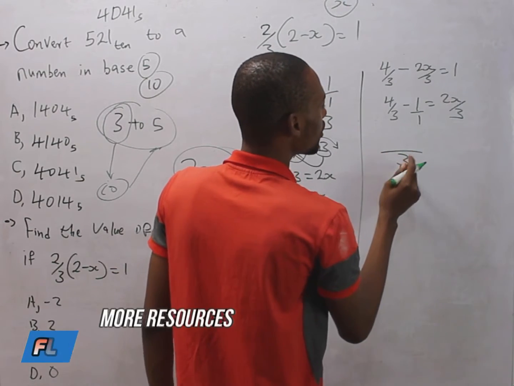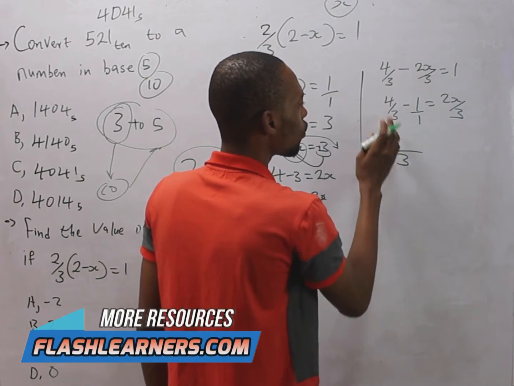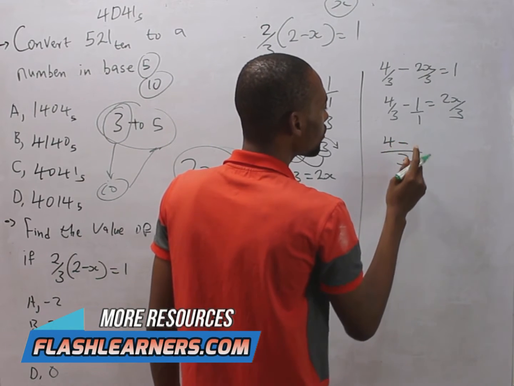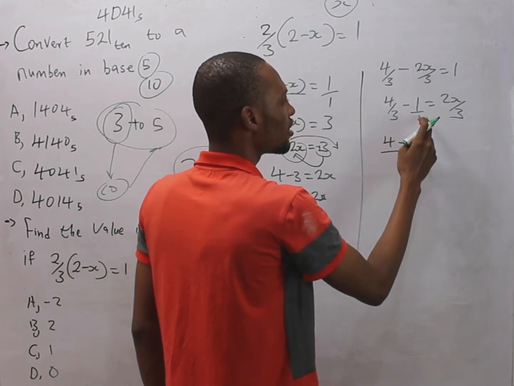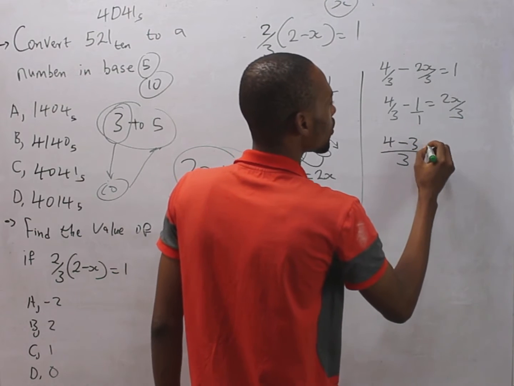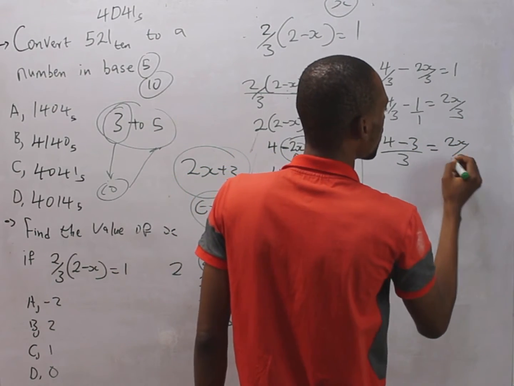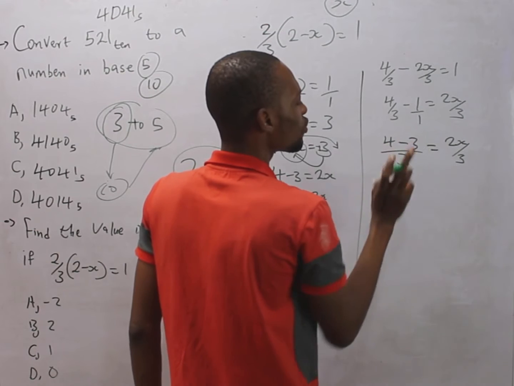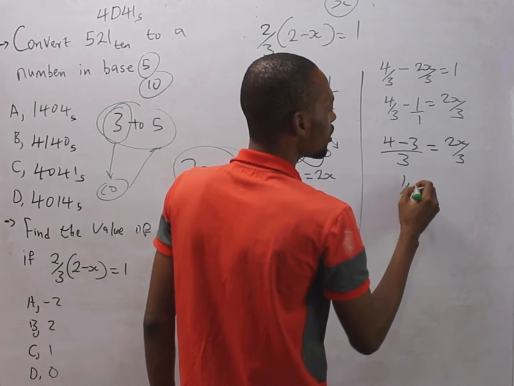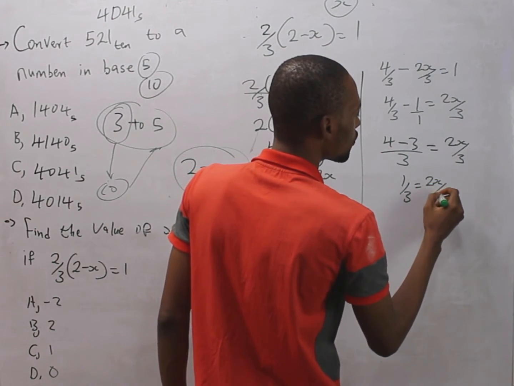The LCM is 3. 3 divided by 3 is 1. 1 times 4 is 4. Minus 3 divided by 1 is 3. 3 times 1, 3. This is equals 2s over 3. 4 minus 3 is 1. 1 over 3 is equals 2s over 3.